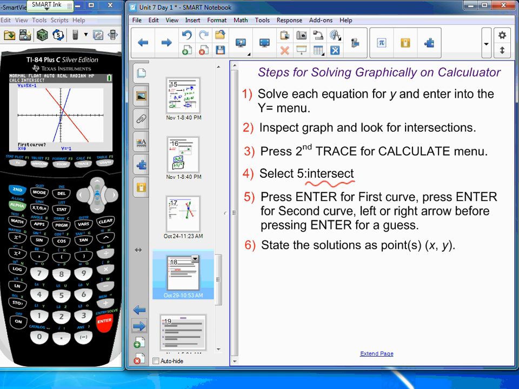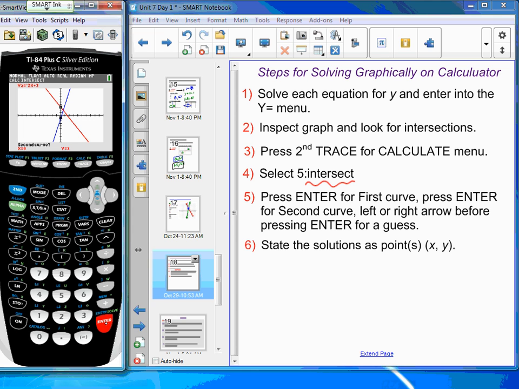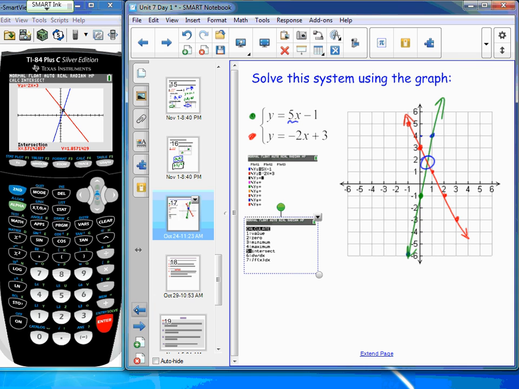Voila! It'll spit out the x equals and y equals coordinates, so we can write that as an ordered pair x comma y, just like we did when we could pick out integers. So here we go. First curve, enter. Second curve, enter. Guess, enter. And it looks to me like it tells us the xy values, but gosh, how many decimal places do I keep?